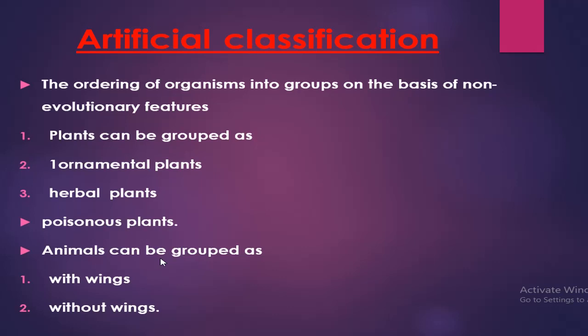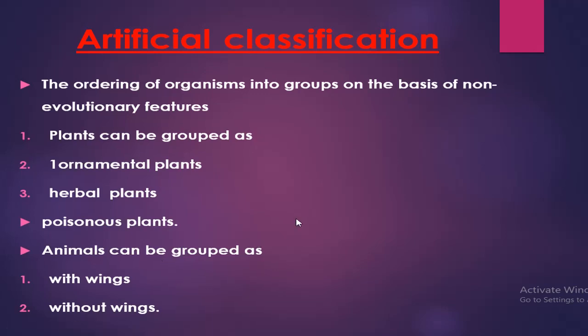According to this method, plants can be grouped as ornamental plants, herbal plants, and poisonous plants. After that we learned how to classify animals using artificial methods. Here animals are divided into two groups: with wings and without wings.